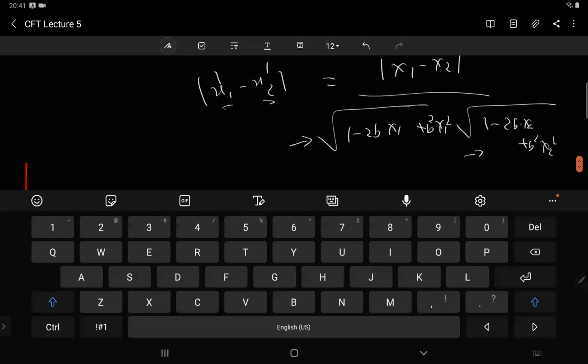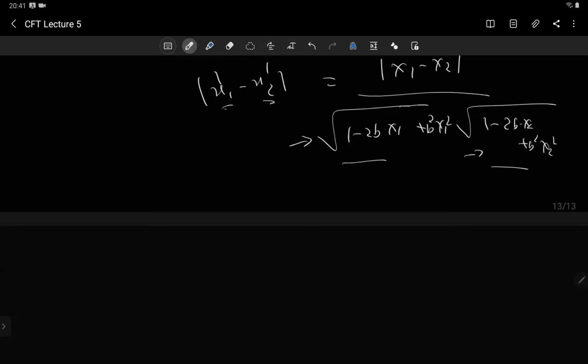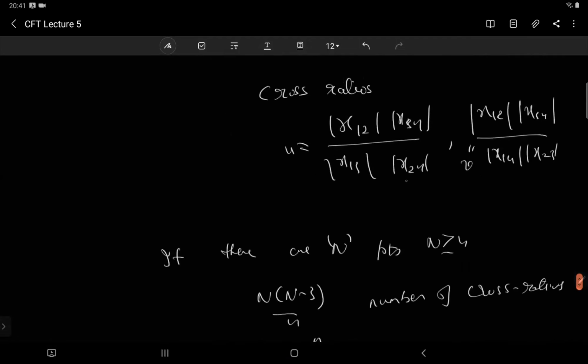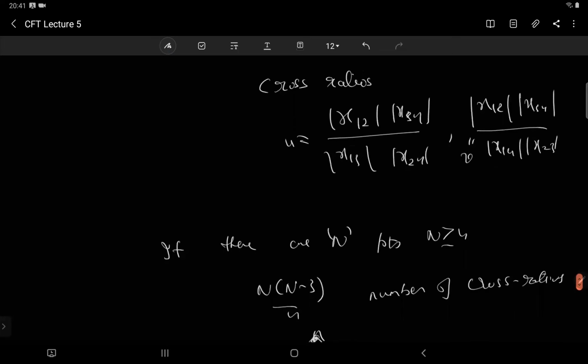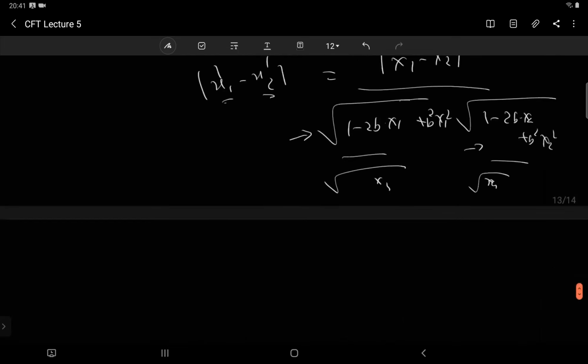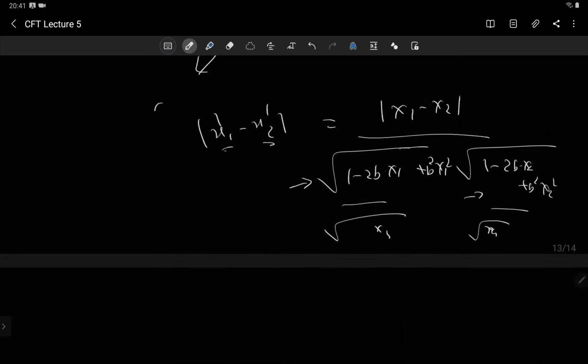In the numerator you have x1 - x2 and x3 - x4, so you get one factor each of x1, x2, x3 and x4. But you get the same thing in the denominator, because there you have x13 and x24. From x13 you get the factors of x1 and x3, and from x24 you get x2 and x4, and therefore these factors will cancel. So if you prove this, then it is simple that the cross ratio is invariant.